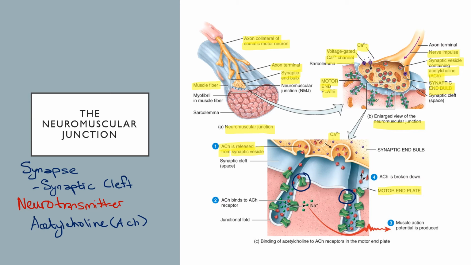So all this acetylcholine is released into this space here, which is the synaptic cleft, the space between the neuron and the muscle. Acetylcholine is going to cross the cleft and then bind to these acetylcholine receptors on the muscle side, the motor end plate.